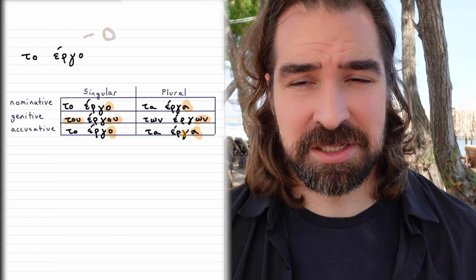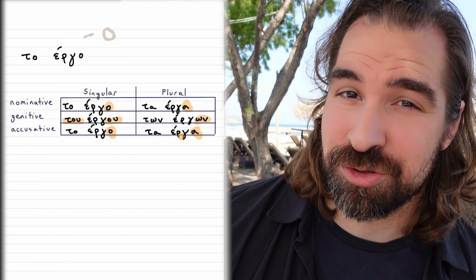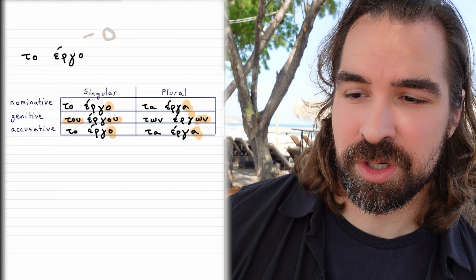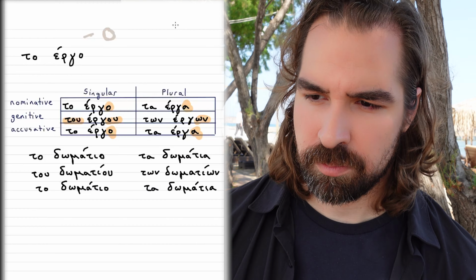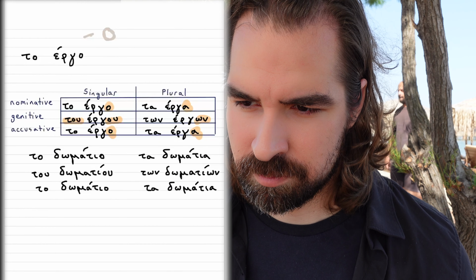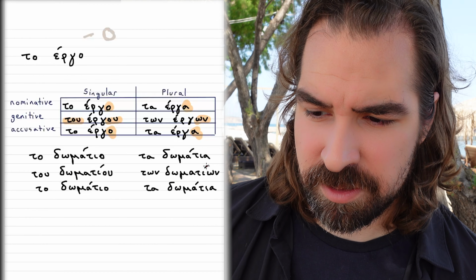Now notice the accent didn't shift here in the genitive plural, but I can certainly show you an example where it does. Let's look at the word το δωμάτιο, which means room. So what do we get? We get the genitive plural.